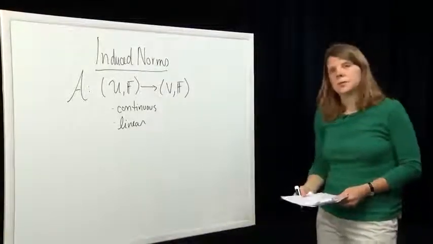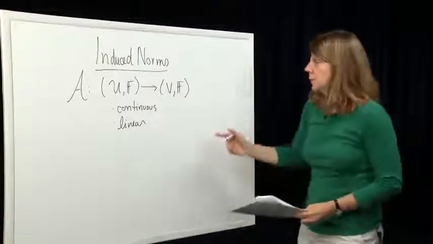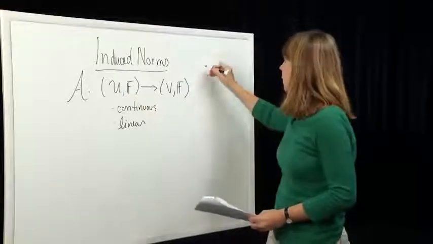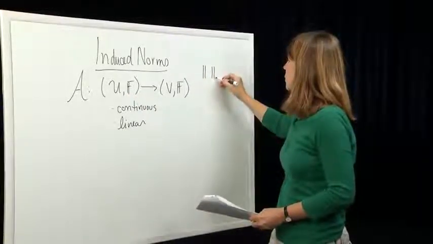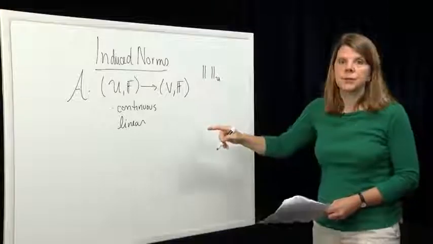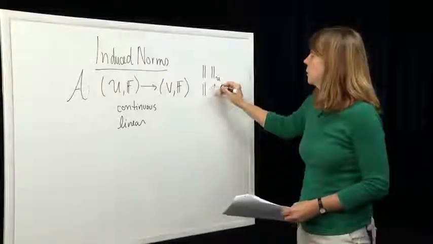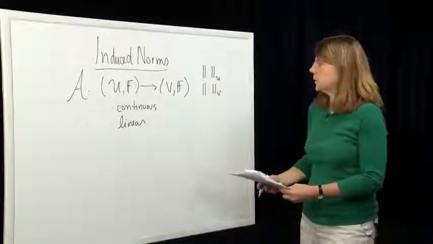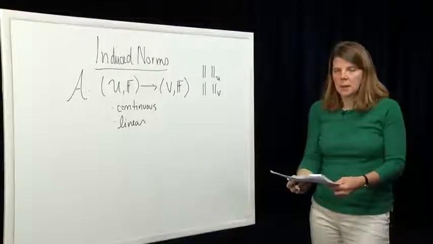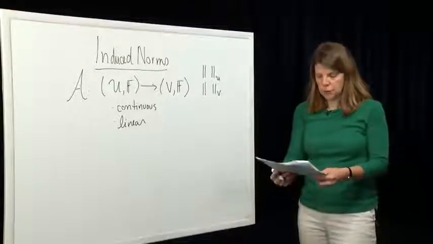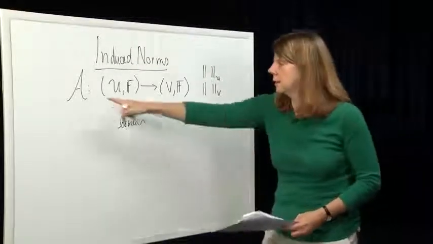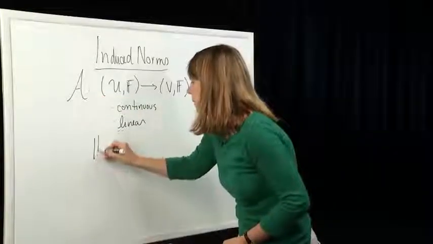Let's suppose that U and V are normed spaces. So associated to U, we have a norm, and we'll use our notation norm U. And associated to V, we have the norm V. So those are the norms on the spaces. Then we define the induced norm of the map A as the following.